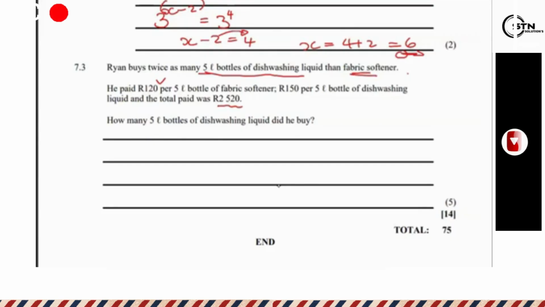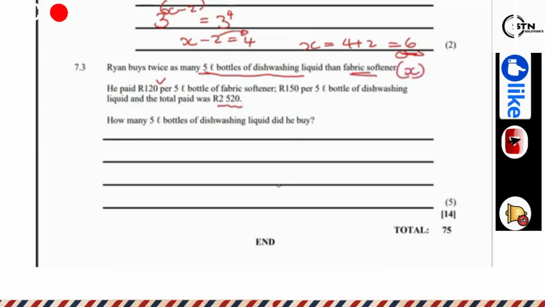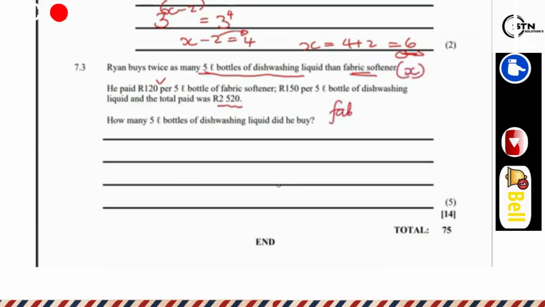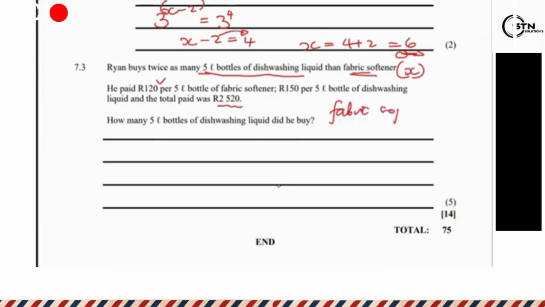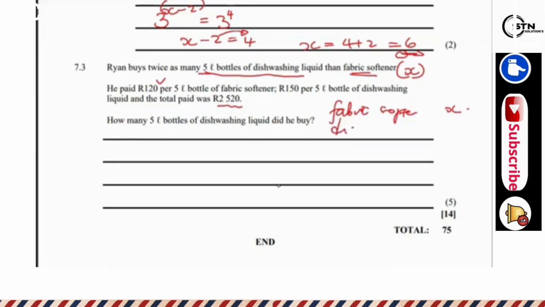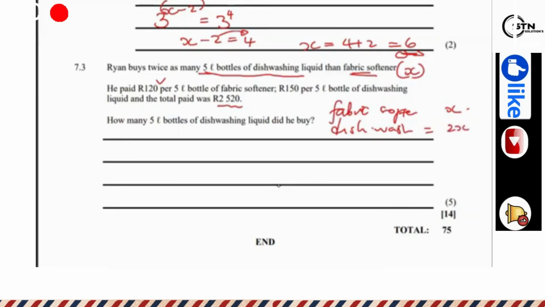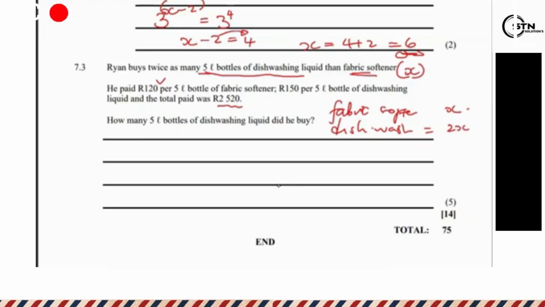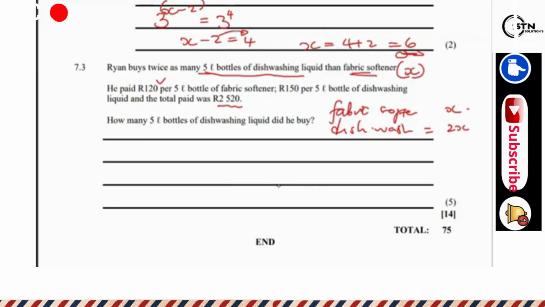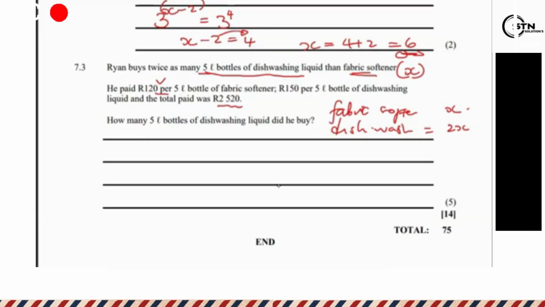So if I let the fabric softener be x, then the dishwashing liquid is going to be twice x. Then they're telling us that he paid $120 per 5-liter of the fabric softener.